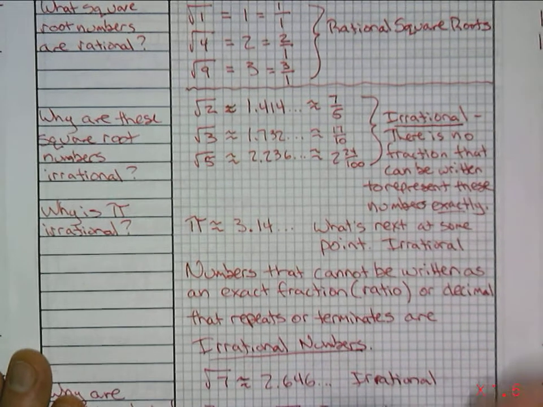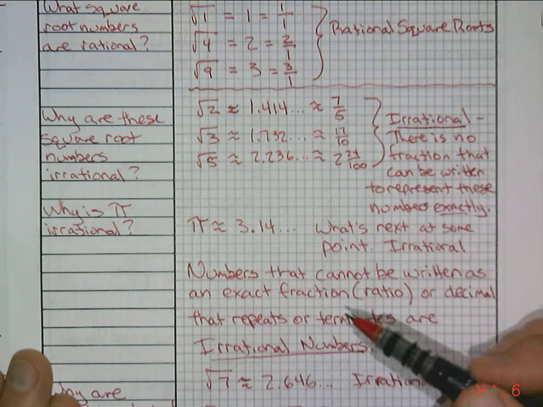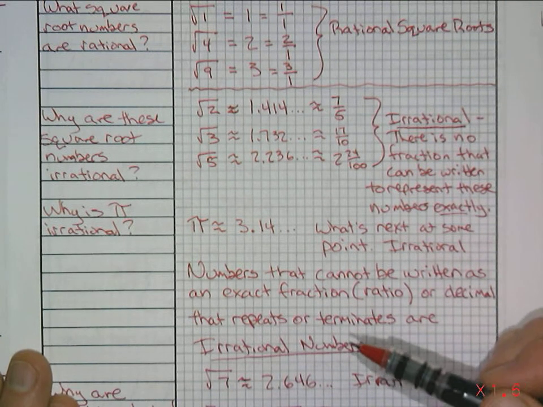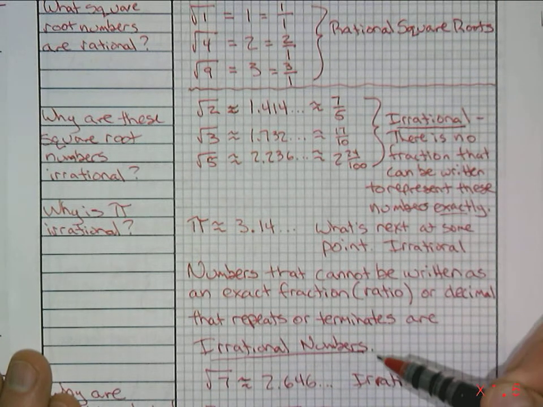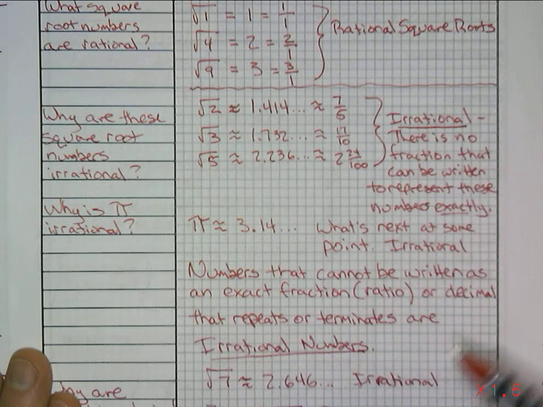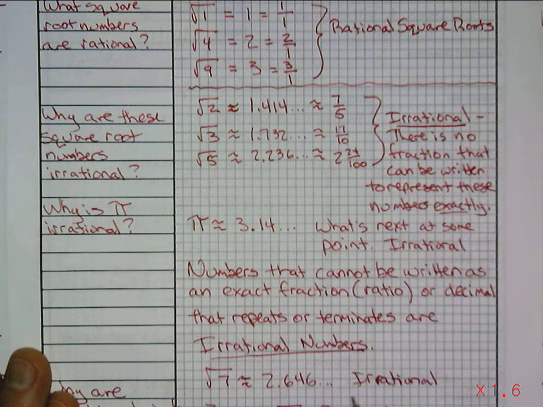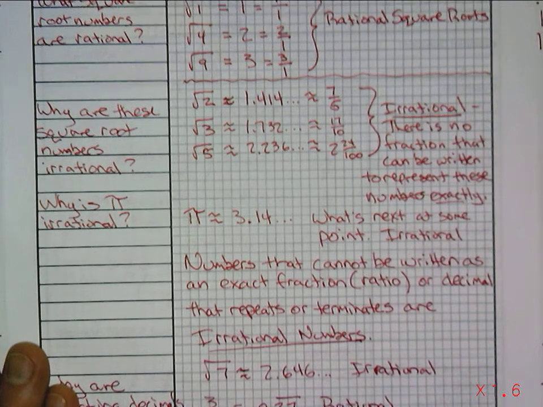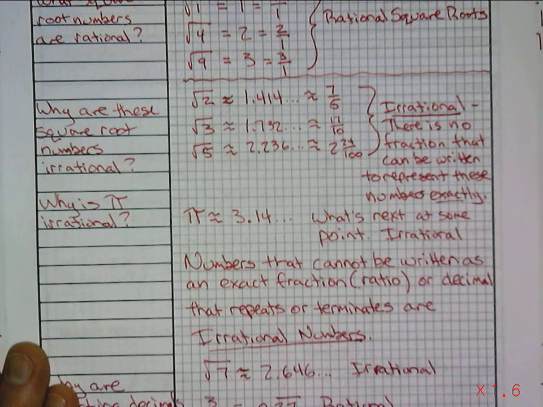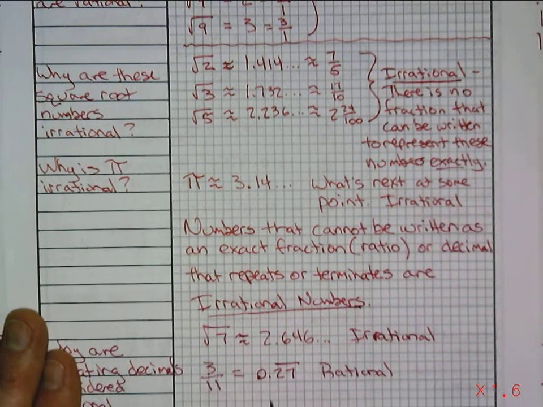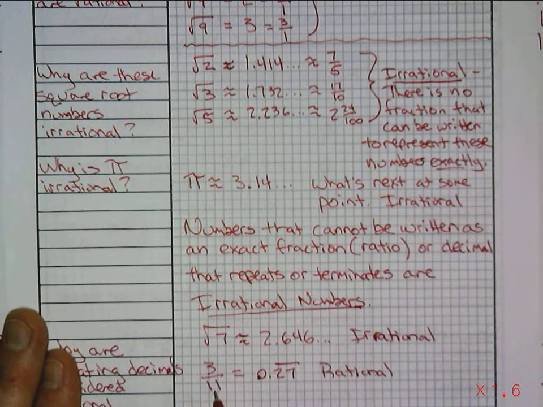And when we're dealing with triangles, right triangles, and using lots of square root solutions, we have lots of irrational number answers. The square root of 7 is irrational because I can't write it as a ratio of two numbers. 0.27 repeating, on the other hand, is rational because I can write it as 3/11ths.